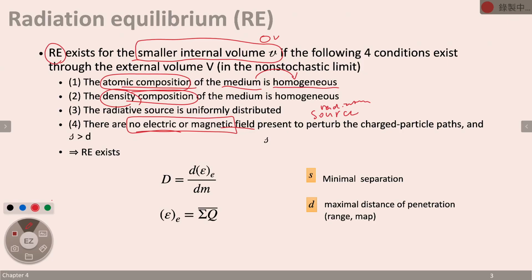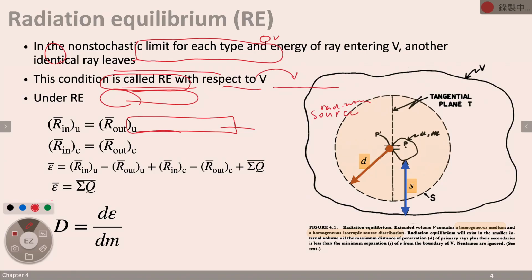If you check all of the medium here, it has a small volume and an external surrounding material. The first thing to check is whether the medium in both is uniform. There are two kinds of uniformity: atomic composition uniform, and density composition uniform, or homogeneous.